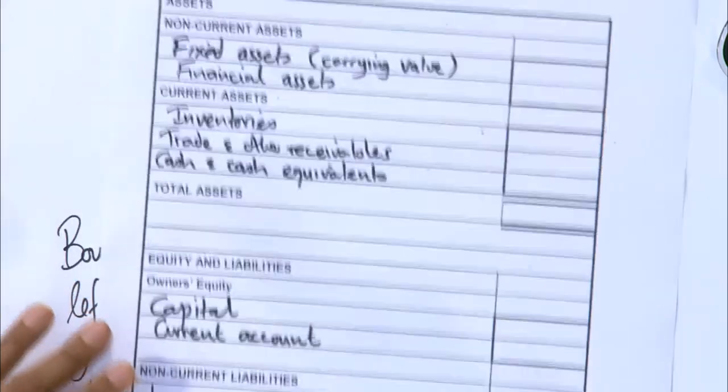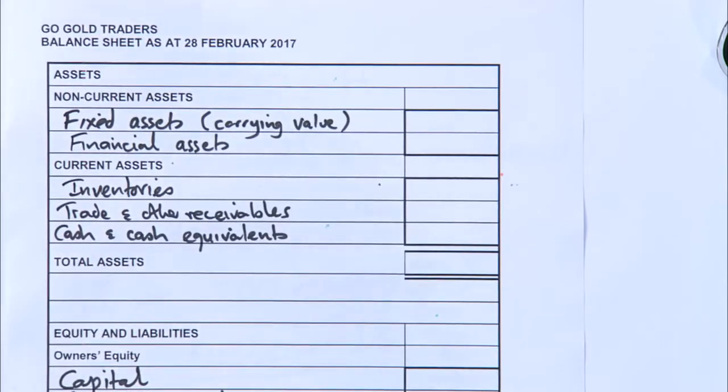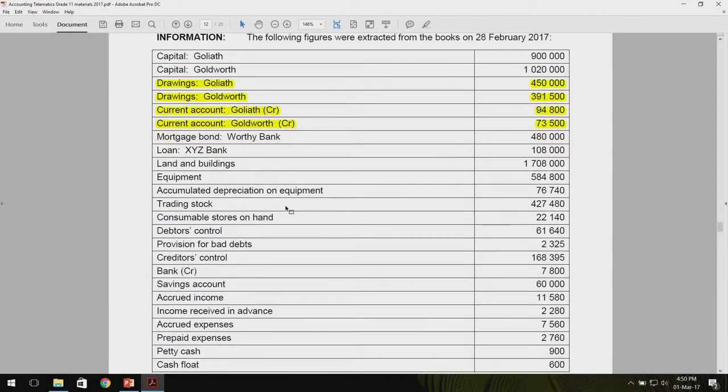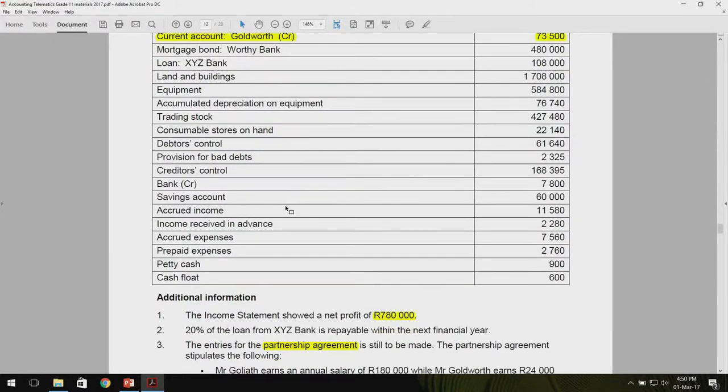Okay, so let's turn our attention to the screen and let's see what information we need. Right, so I'm done with my capital and my current accounts. So from mortgage bond onwards, now I'm simply going to work my way down the table, and I'm going to complete this information.